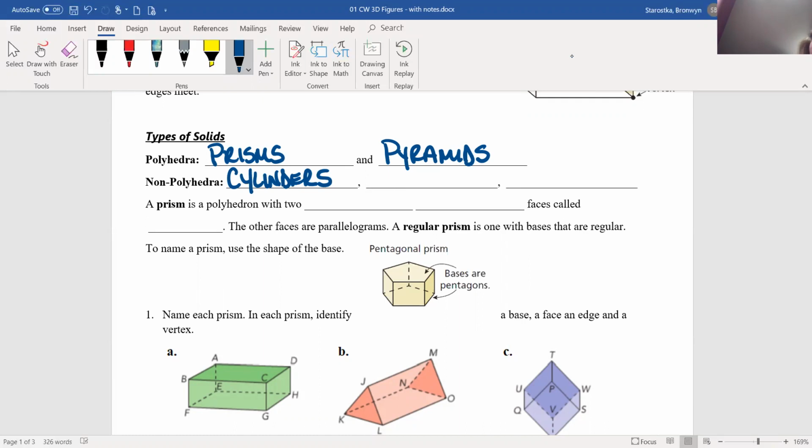We'll do pyramids, then we'll do cones, and then we'll do spheres. So the prisms and the pyramids are made out of polygons, where cylinders and cones and spheres have curved shapes.